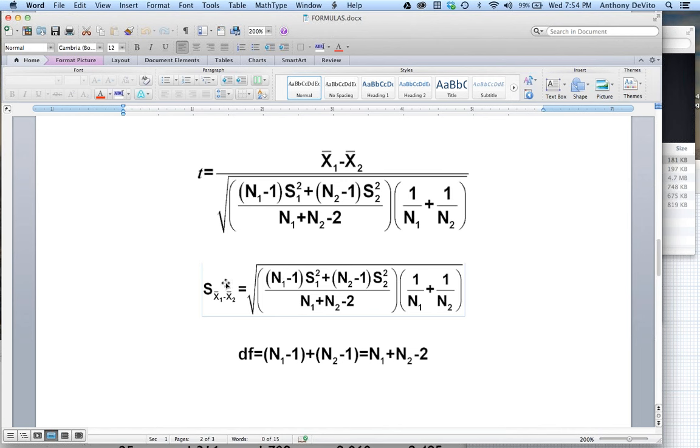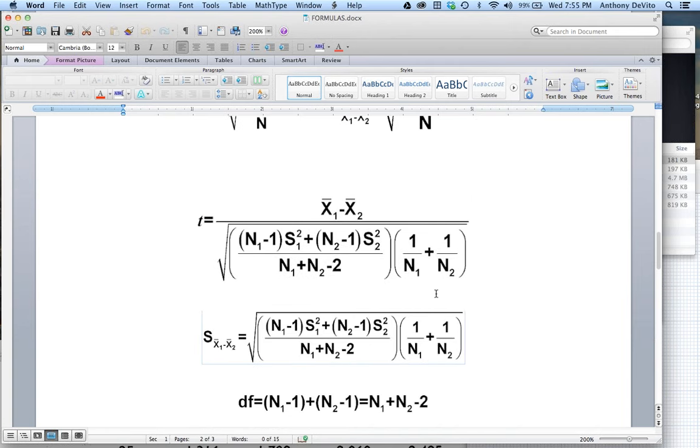We can calculate our t value just the way we have it here, right? Just with this formula. A bit simpler. And my degrees of freedom, when unequal variance, are going to be n1 minus 1 plus n2 minus 1. We add them together, subtracting 1 for each group, basically, right? And that's going to be our degrees of freedom. This is a bit simpler than what we were doing before.